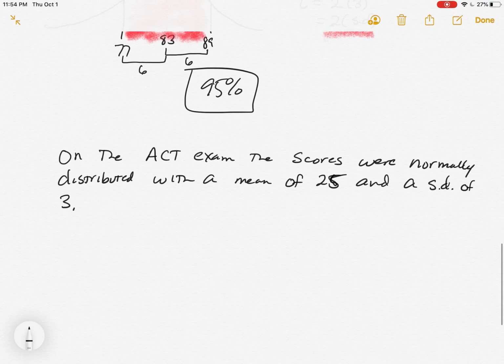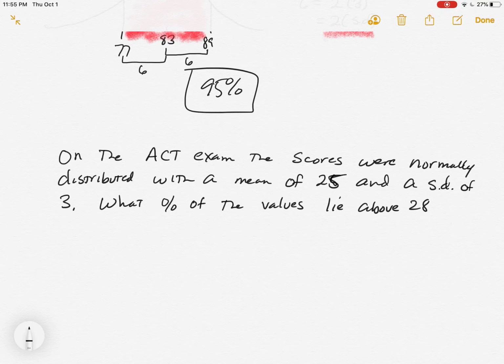Sorry about touching there. So I got this from the homework. What percent of the values lie above 28? Okay, so let's talk about that.